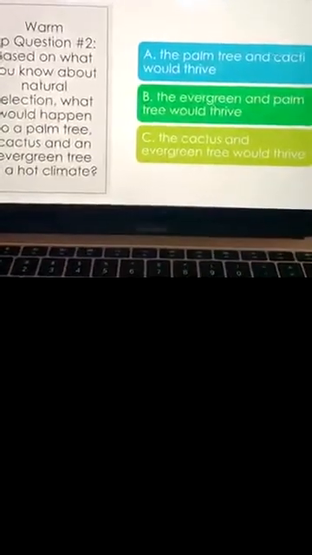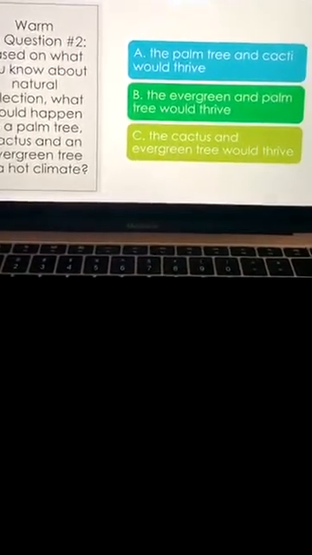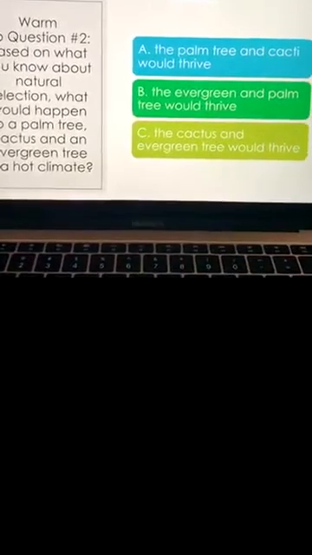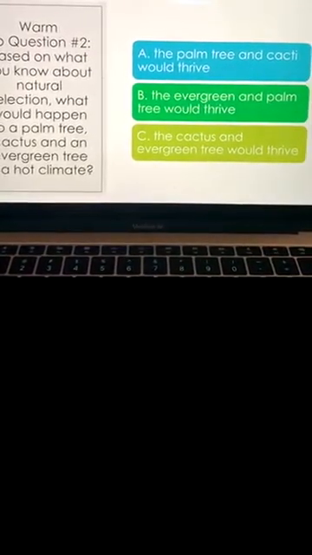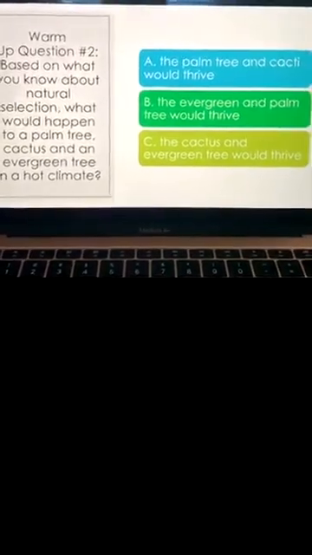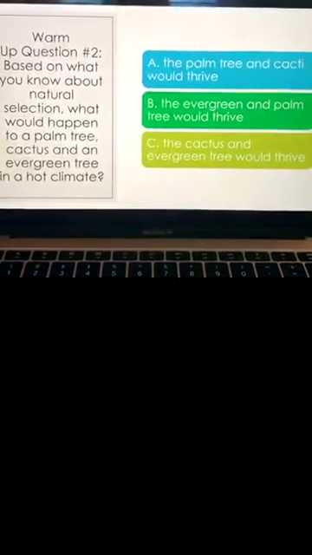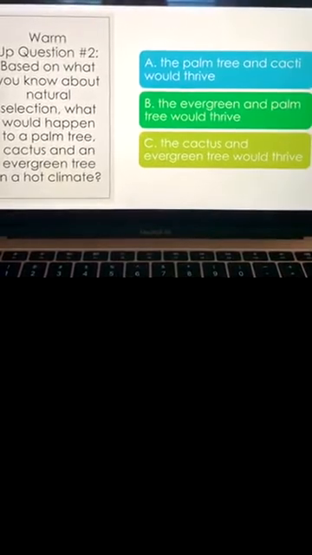Warm-up question number 2. It said, based on what you know about natural selection, what would happen to a palm tree, a cactus, and an evergreen tree in a hot climate? Which answer did you choose? I picked A. A, the palm tree and cacti would thrive. Why did you choose A? Because it said there that the hot climate... Okay.